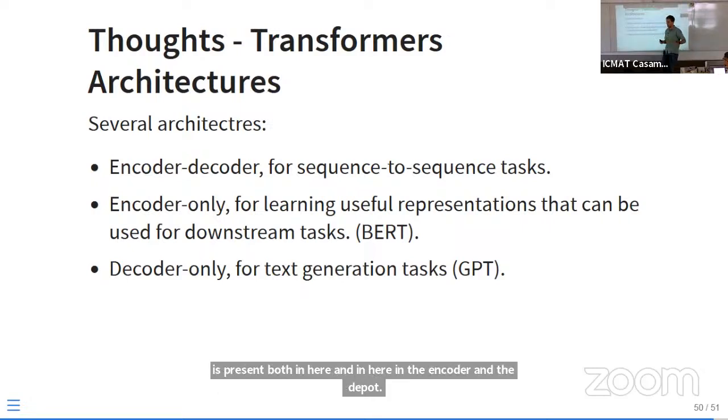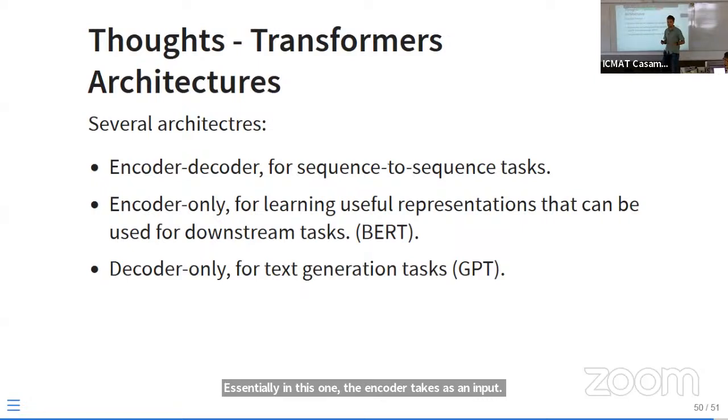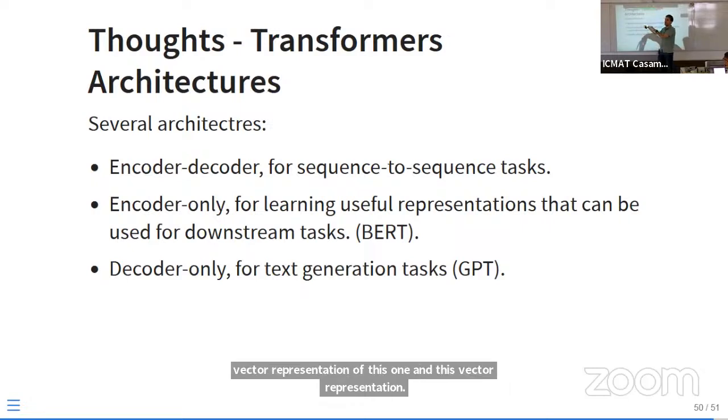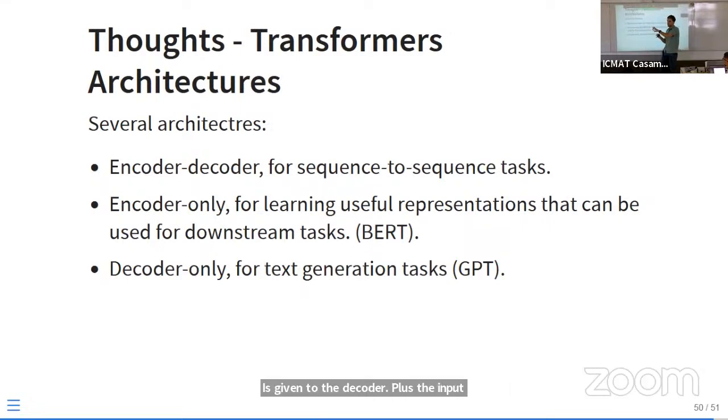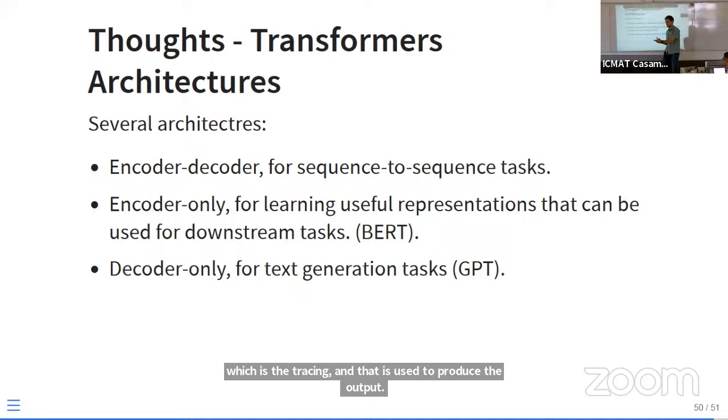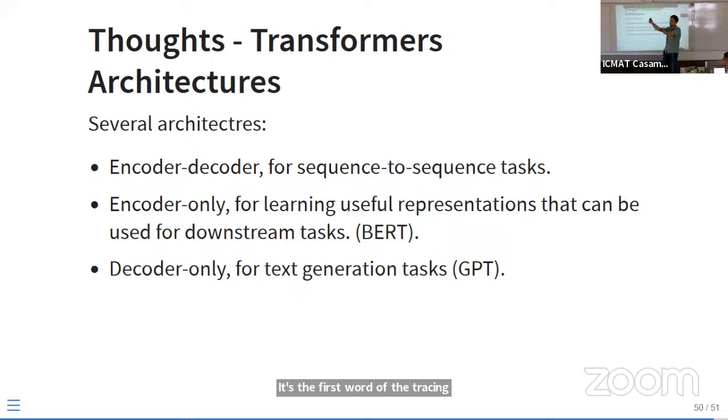Essentially, the encoder takes as input the phrase in Spanish, through the application of several transformer blocks learns a vector representation of it, and this representation is given to the decoder plus the input representation, which is the phrase in Galician, and that is used to produce the output. The first word of the phrase in Galician is used to produce the second word, and so on and so forth. But both of them use transformers.